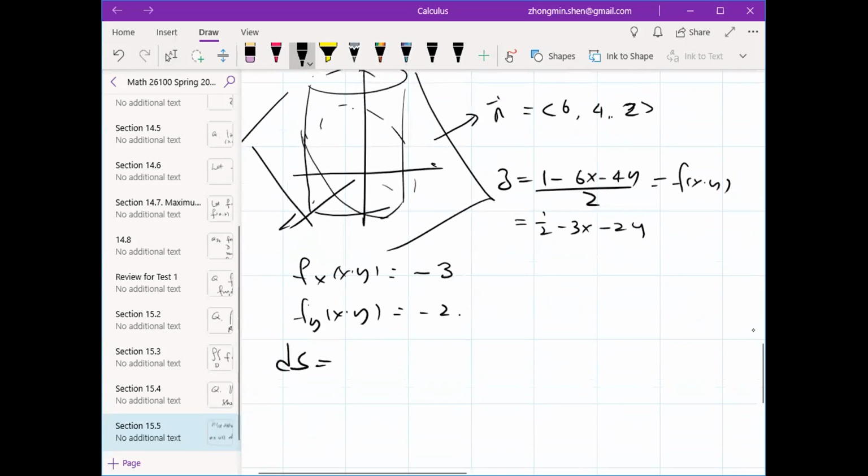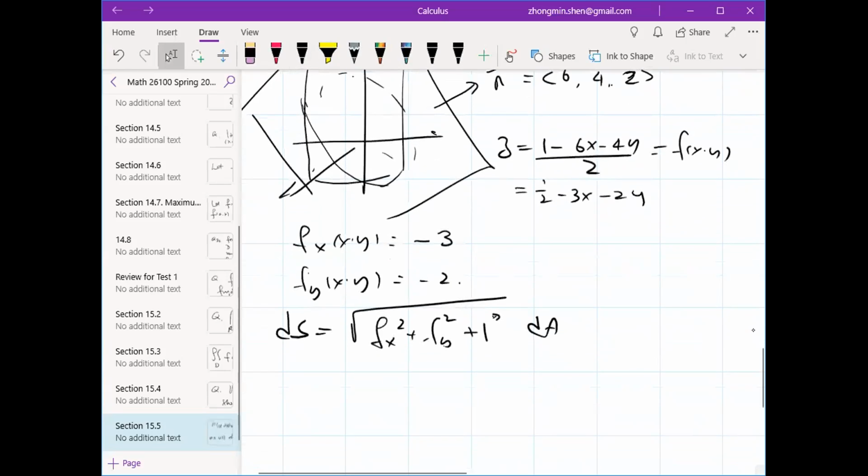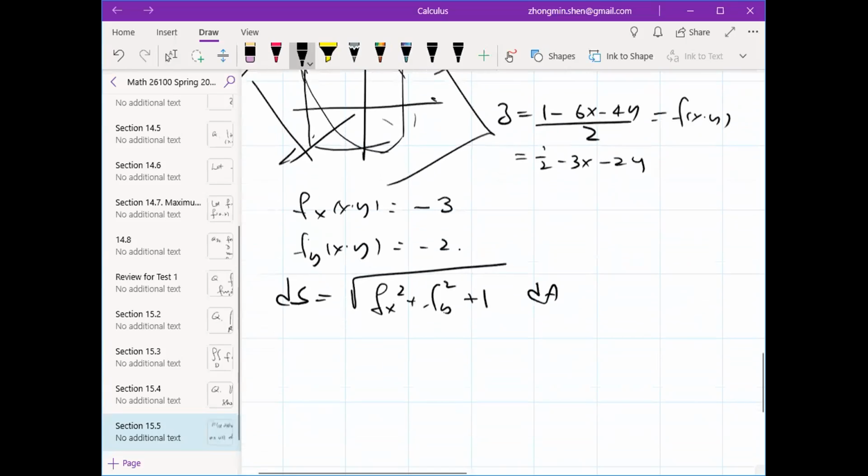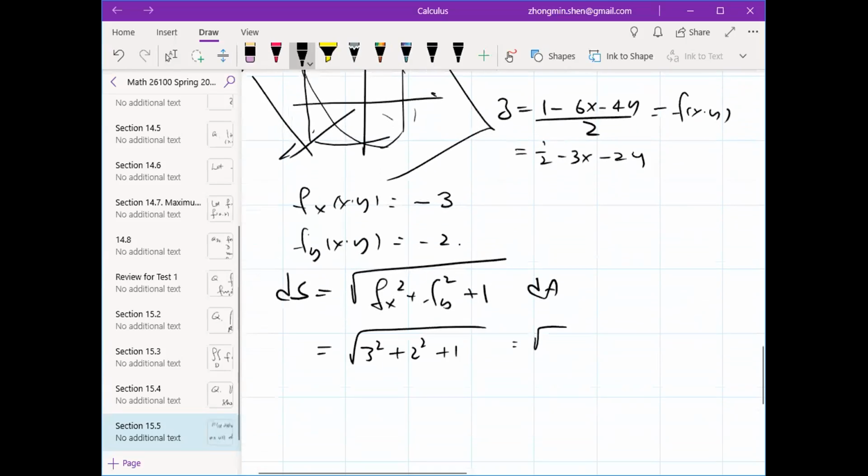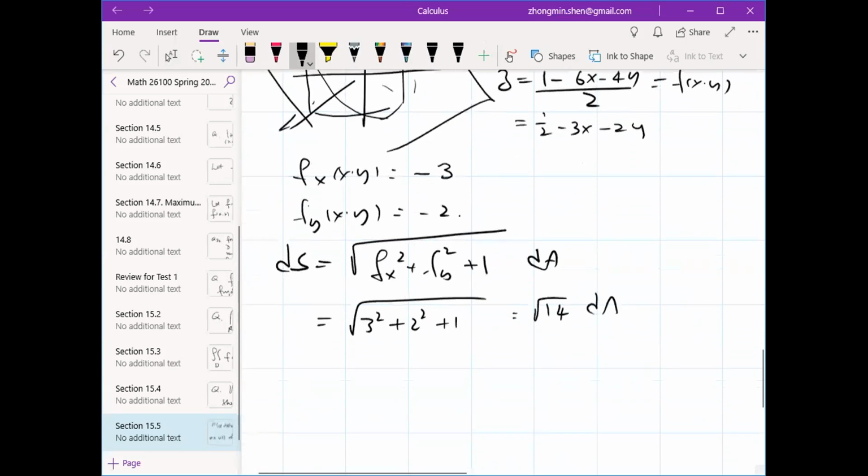So ds is going to be, and it's dA, you can write dx dy. dA is just dx dy. So it is going to be the square root of 3 squared plus 2 squared plus 1, it's 9 plus 4 plus 1, square root of 14 dA. It's constant, then it's easy.